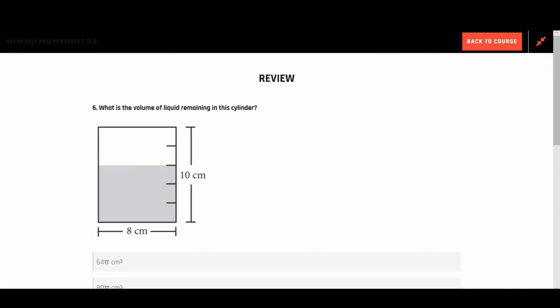Okay, number 6 says, what is the volume of liquid remaining in this cylinder? Again, cylinders really look like this. You're getting a side view here. This is what a cylinder looks like. And you do need to know how to find the volume of a cylinder.